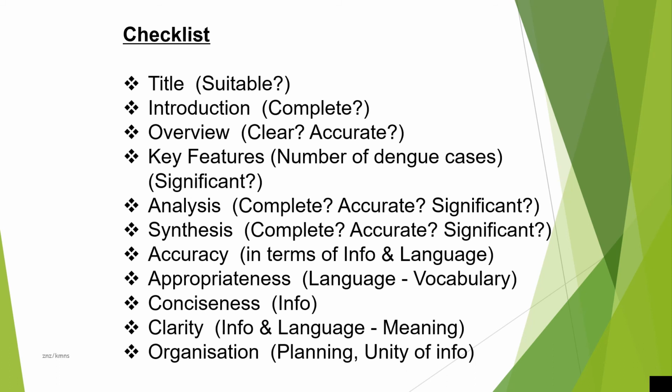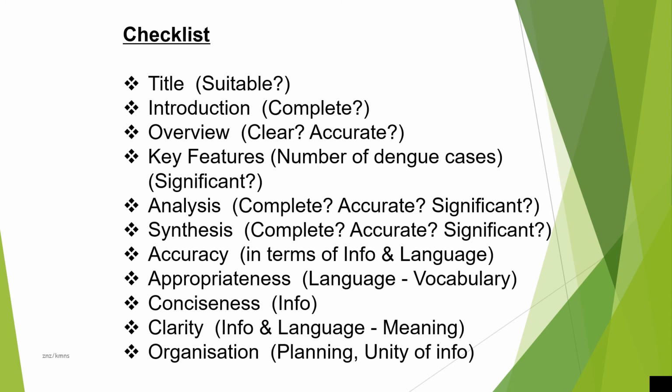Is there any wrong data? Any wrong time frame? Please double check or triple check. And do check the language as well. Have you been using the appropriate vocabulary? The language of a report. This is the one that most students are having problem with. So use the language that is appropriate for a report.